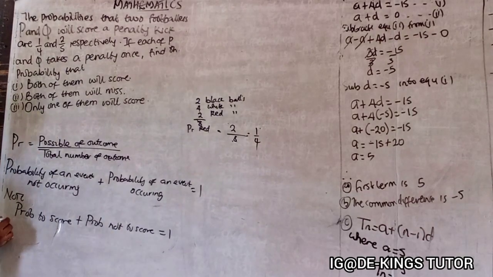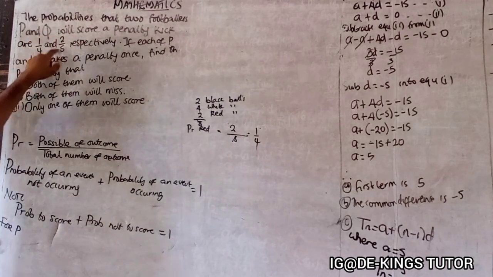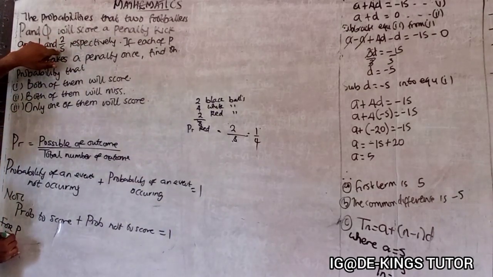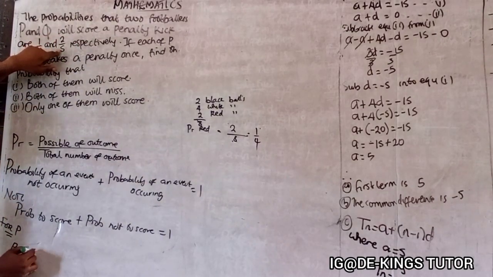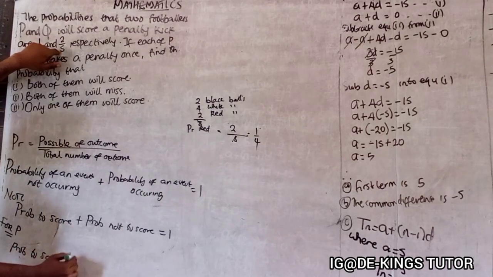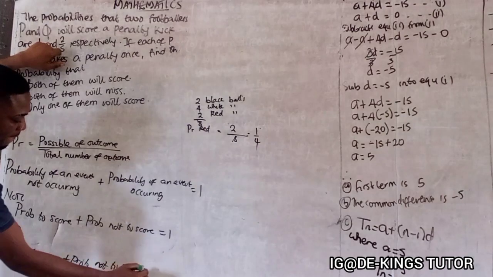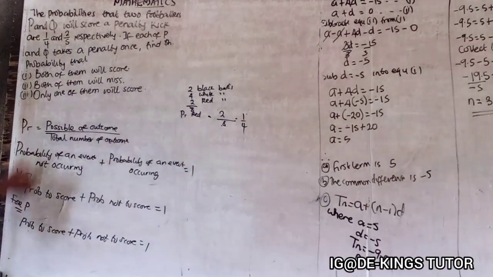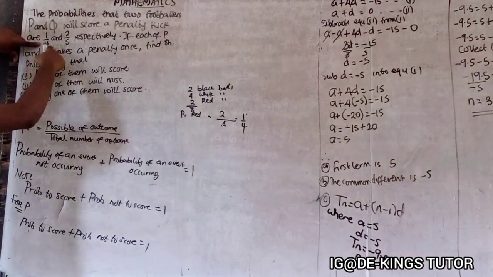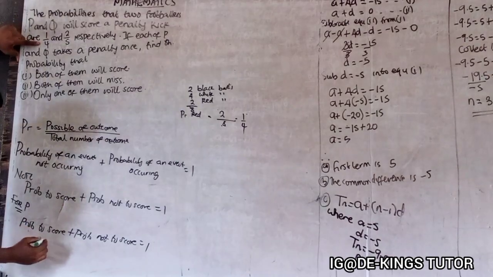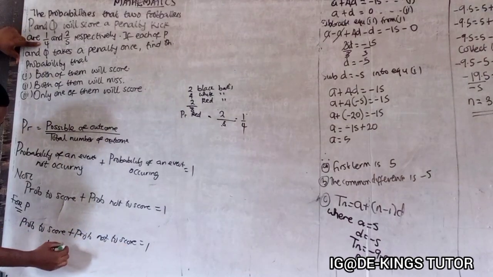Now we can say for P and Q. For P, probability to score plus probability not to score equals 1. Now, they said probability for P to score is 1 over 4, so 1 over 4 plus probability not to score, which is unknown, equals 1. I want to get this and make it the subject of the formula.